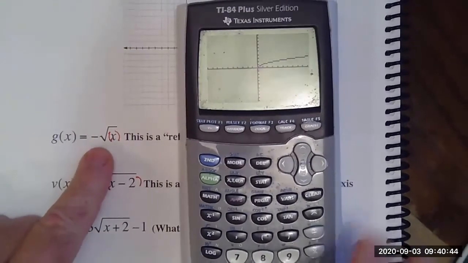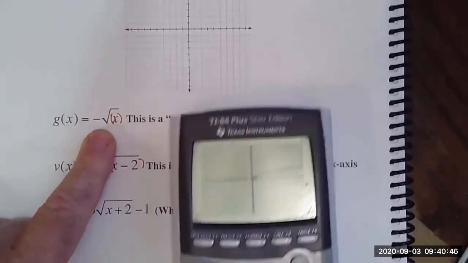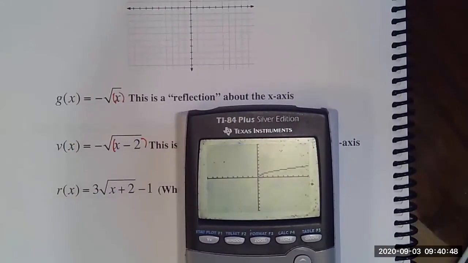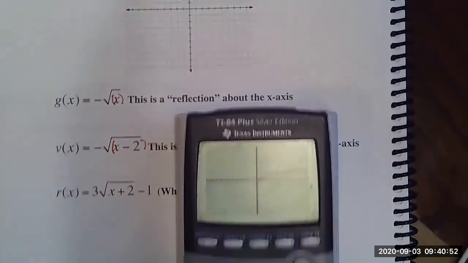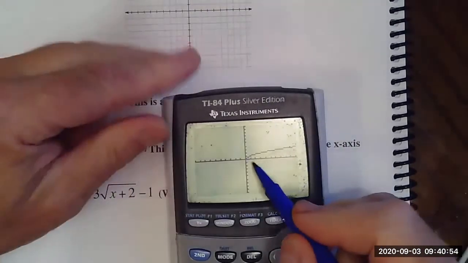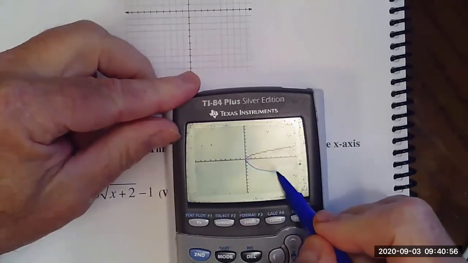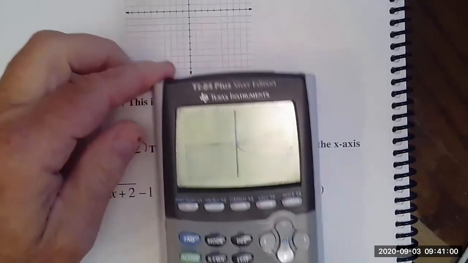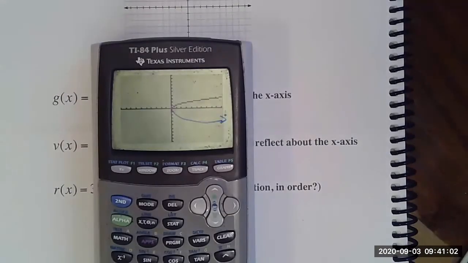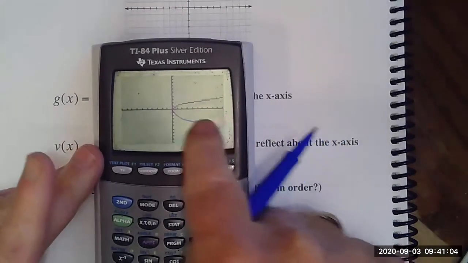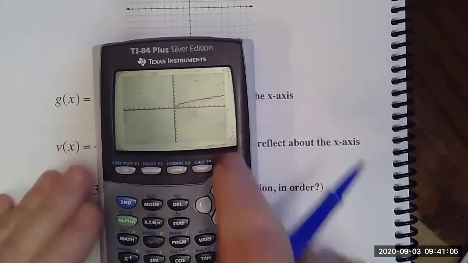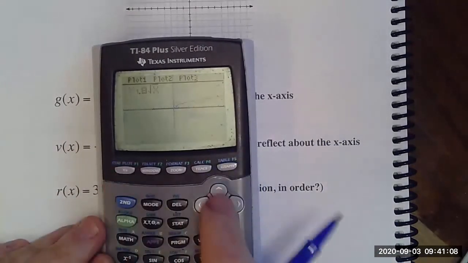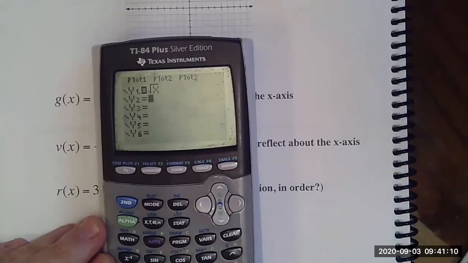Now, the negative on the outside, we call that reflection. So what'll happen is when I put that in the calculator, it'll go like this. It'll reflect about the x-axis, so that'll be flipped around. And if you want to see for sure, you just go y equals here, negative square root of x.